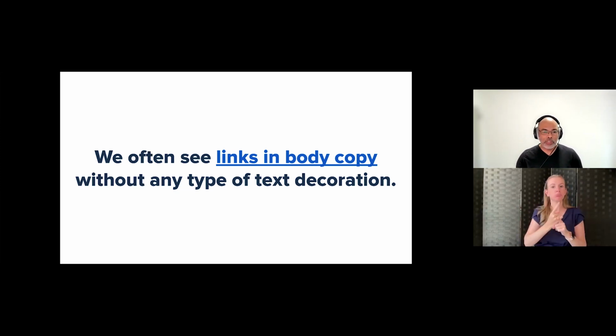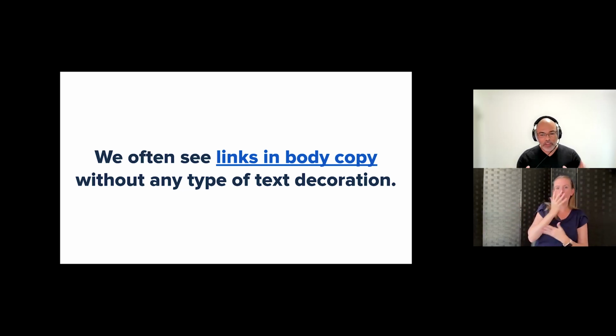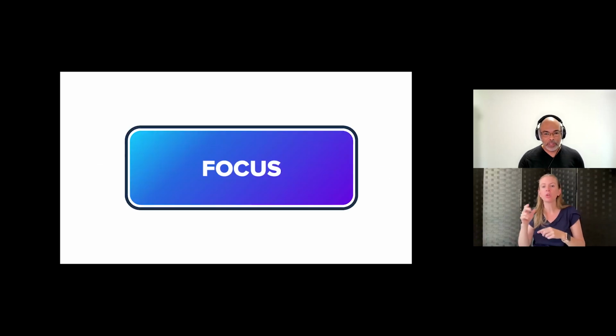So I made the choice to put my user first before my portfolio. So if you have body text links, the minimum you could do, yes, you can have the color there, but you can't rely on the color alone. Have another affordance. Use the underline that's there.